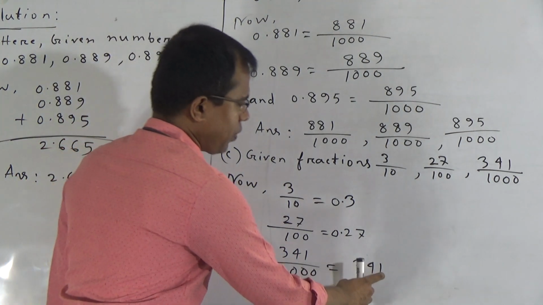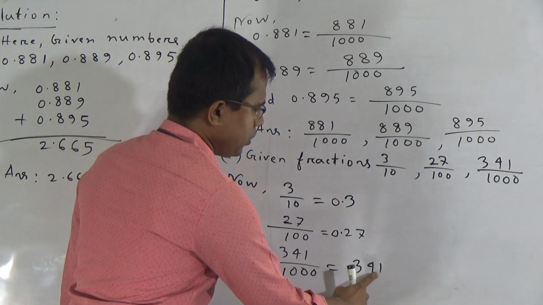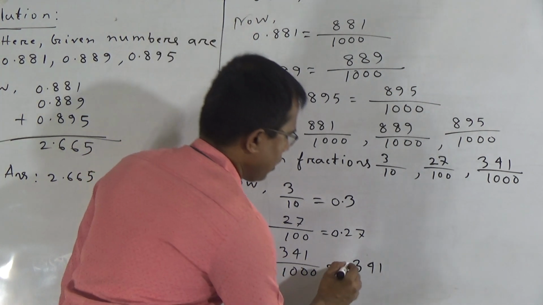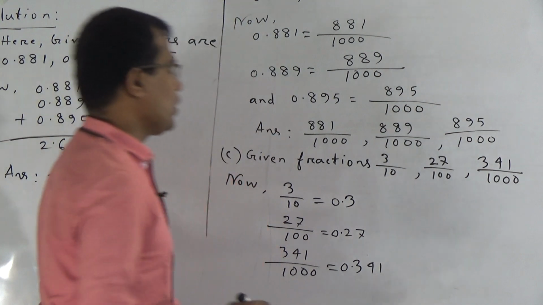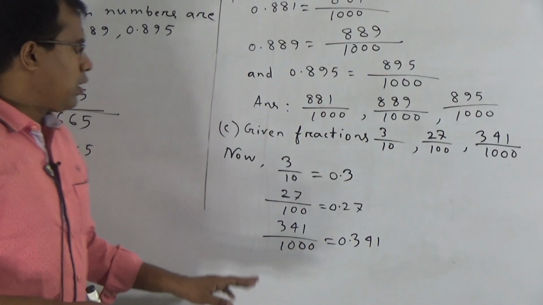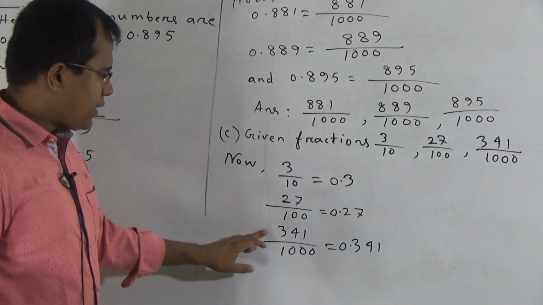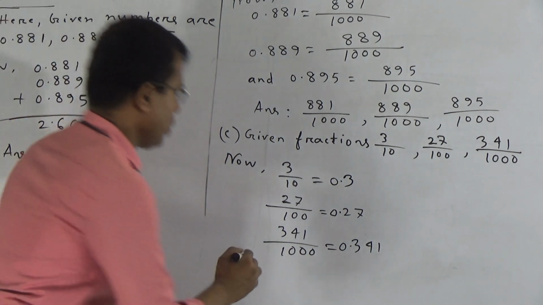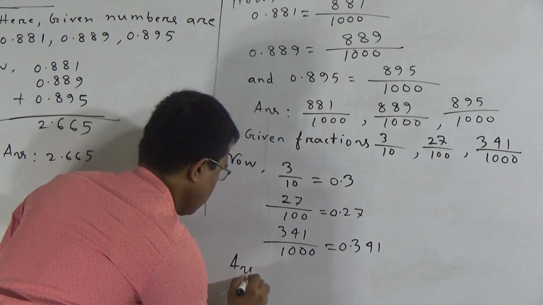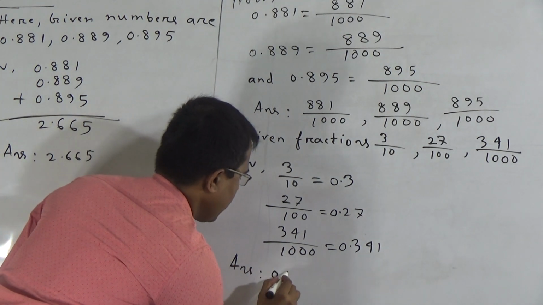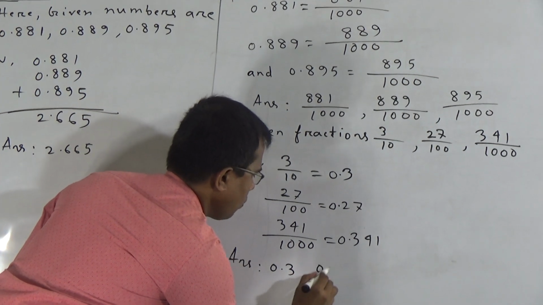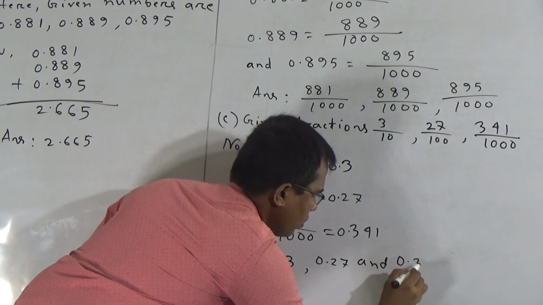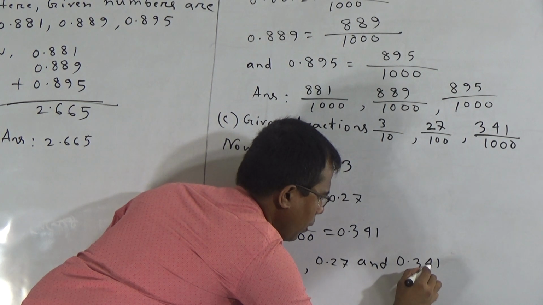That means we have to count from this place 1, 2, 3 and we have to give the decimal sign here. So 0.341 will be the decimal form of 341 by 1000. So answer will be 0.3, 0.27 and 0.341.